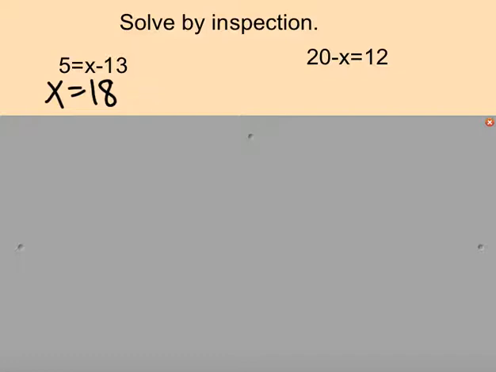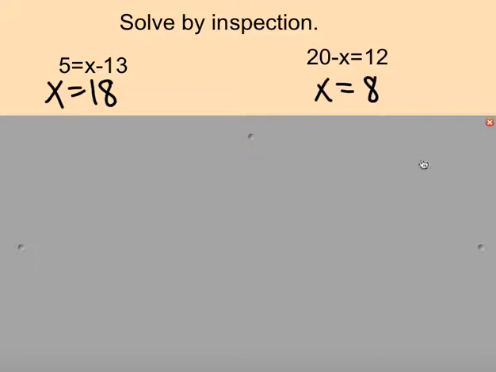Let's try another one. 20 minus x equals 12. I need a number that when I take it away from 20, I get 12. Well, the only number that works there is 8. X would have to equal 8.